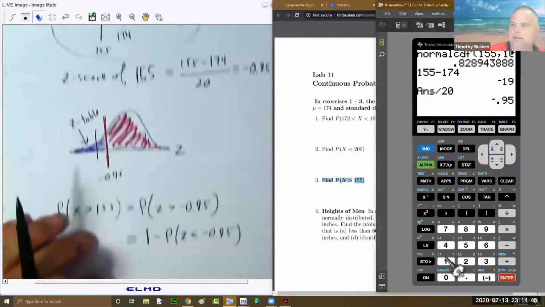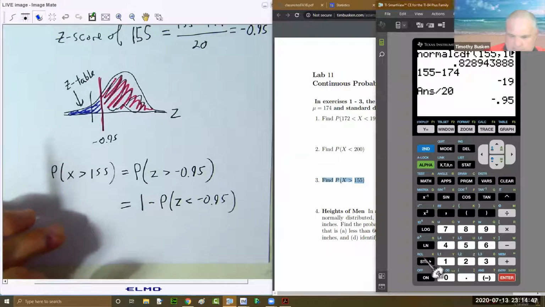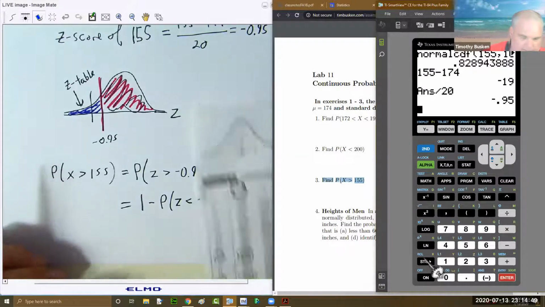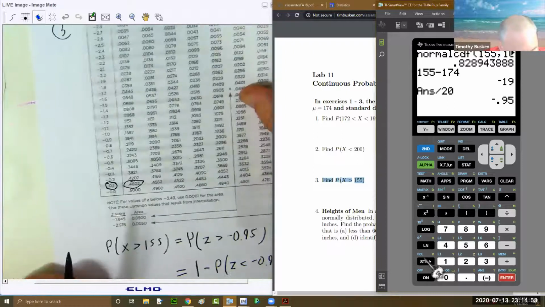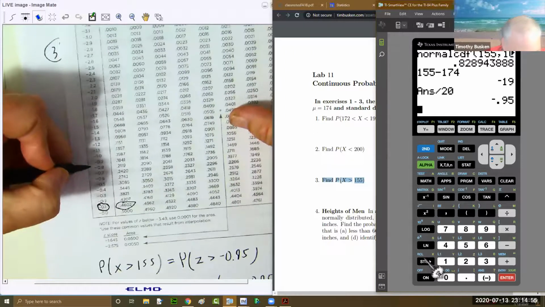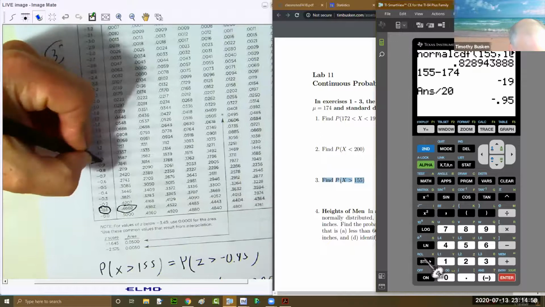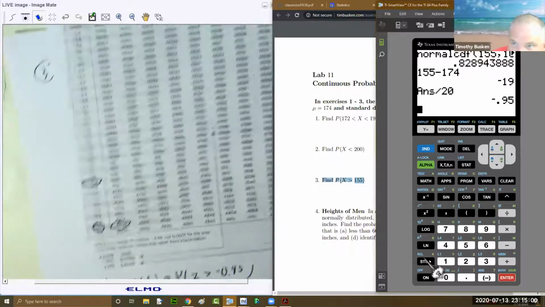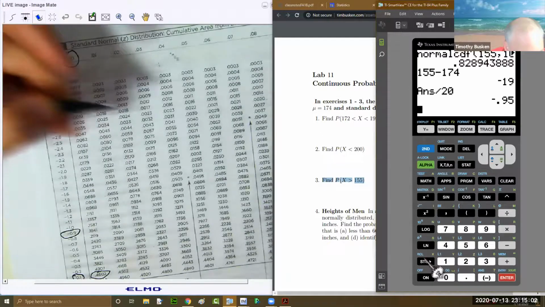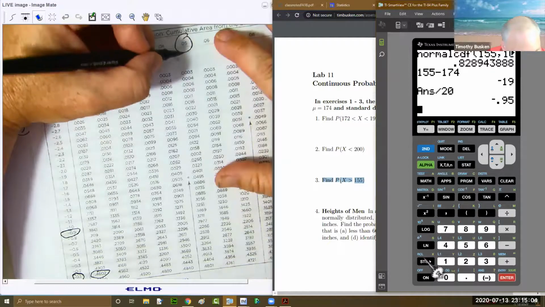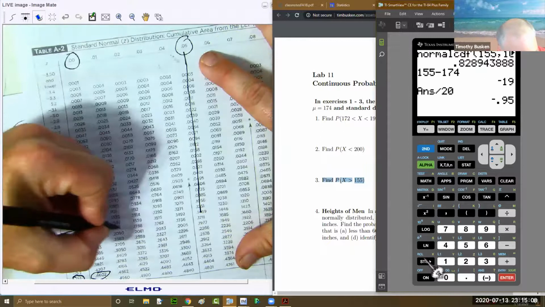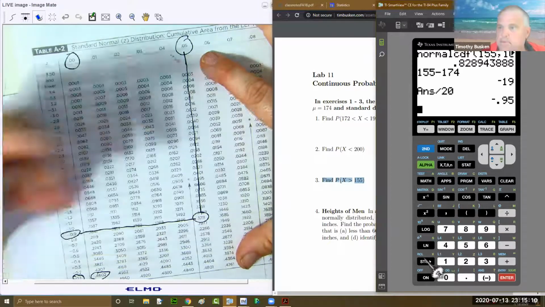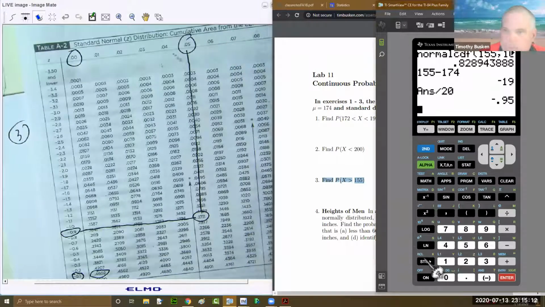To get the blue area, we're over here on the Z table. We've got a negative Z score, so we're looking for negative 0.95. Negative 0.9 is there, and then along the top row, 0.05. The row and column intersection is 0.1711.